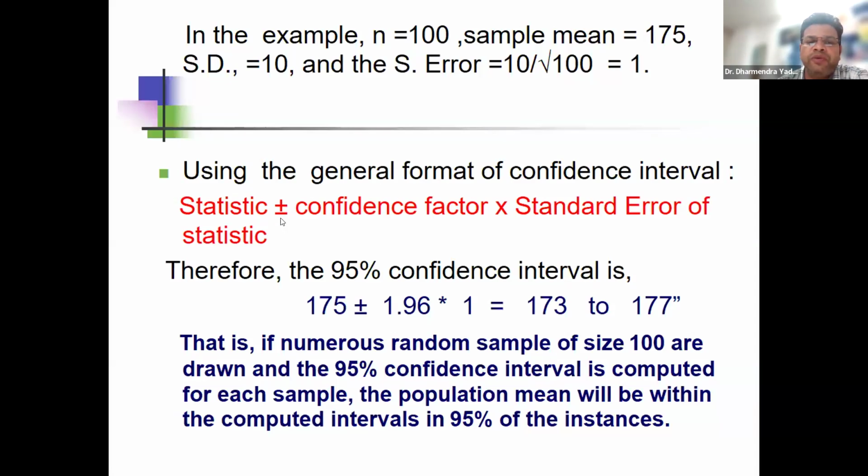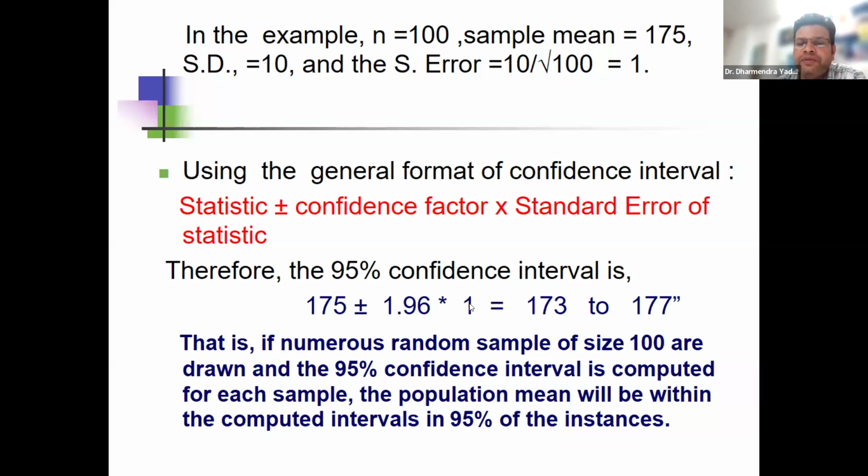Now we put the values in the formula. Our statistic was the mean. A statistic is associated with a sample, so our sample mean is 175. The confidence factor, that is the value for 95%, is 1.96, because the Z value at 95% is 1.96.